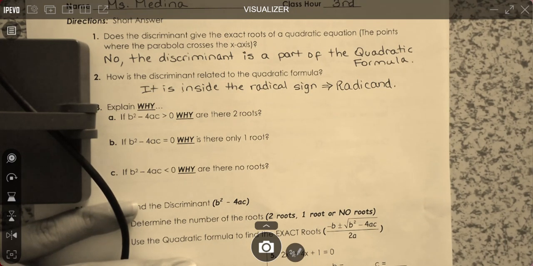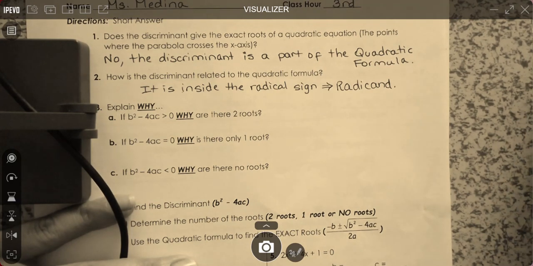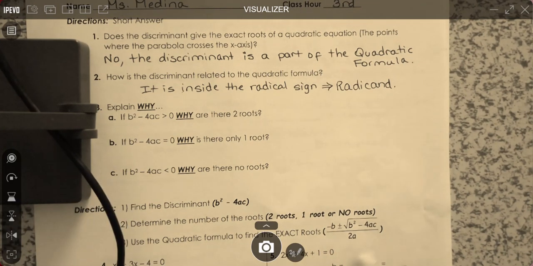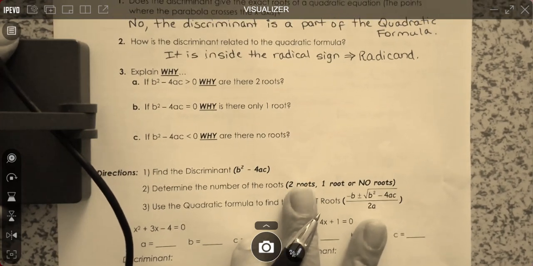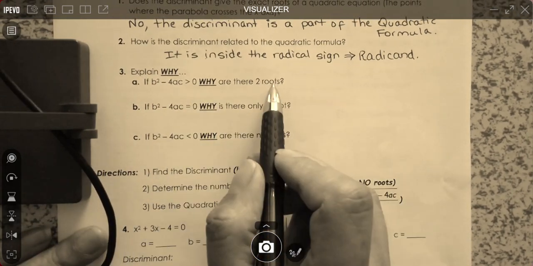It's the radicand, okay? Remember, the expression inside of the radical sign? All right, so what does it tell us? It tells us the number of roots.